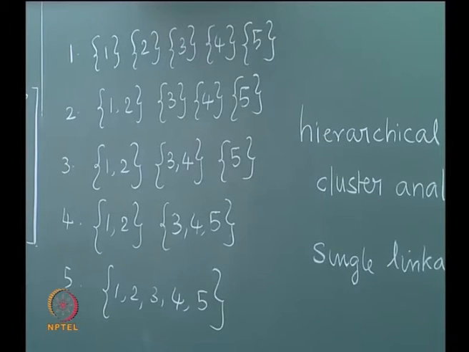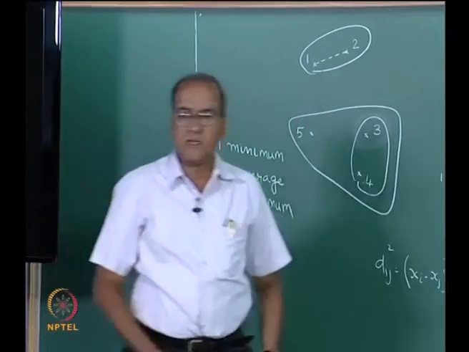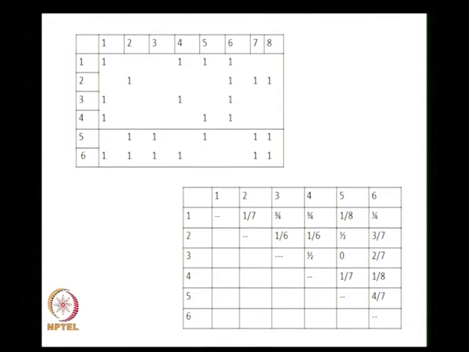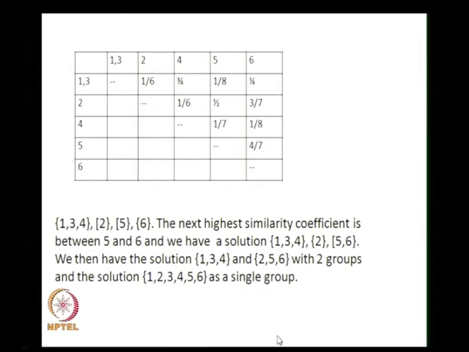Now, what is the relationship between the algorithm that we have seen here to group these 5 points versus the algorithm that we used to start with the given incidence matrix, compute similarity coefficients, and finally say that we have a solution with 2 groups like this. So, if we compare what we have seen now with what we have seen in the previous class, there are lots of things that are common.